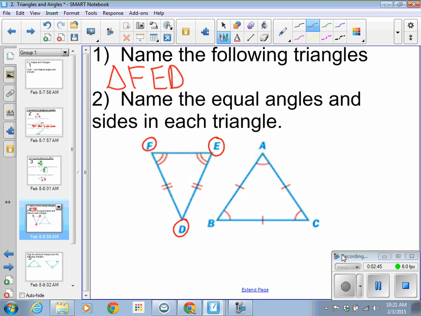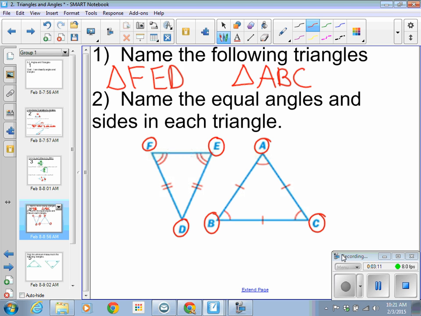Doesn't matter what order we go. Now the one on the right, we can name it any way we want. So we're going to name it triangle ABC. And again, naming for the vertices. Order does not matter at this point.